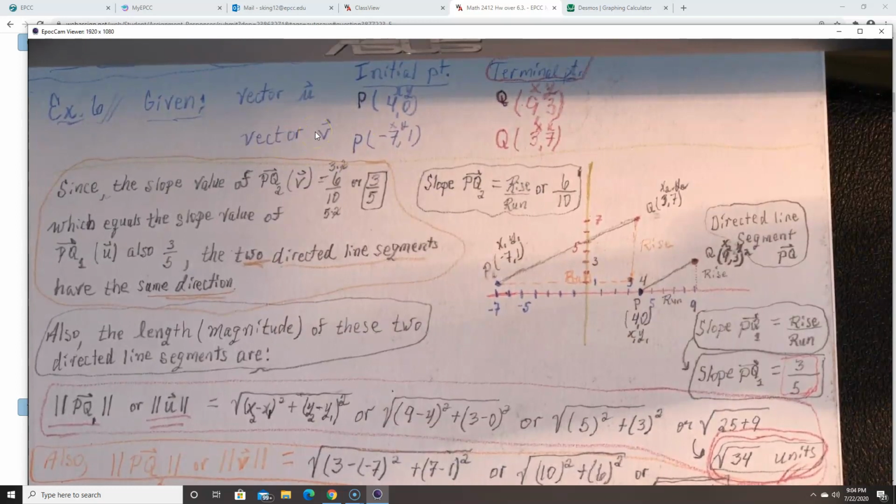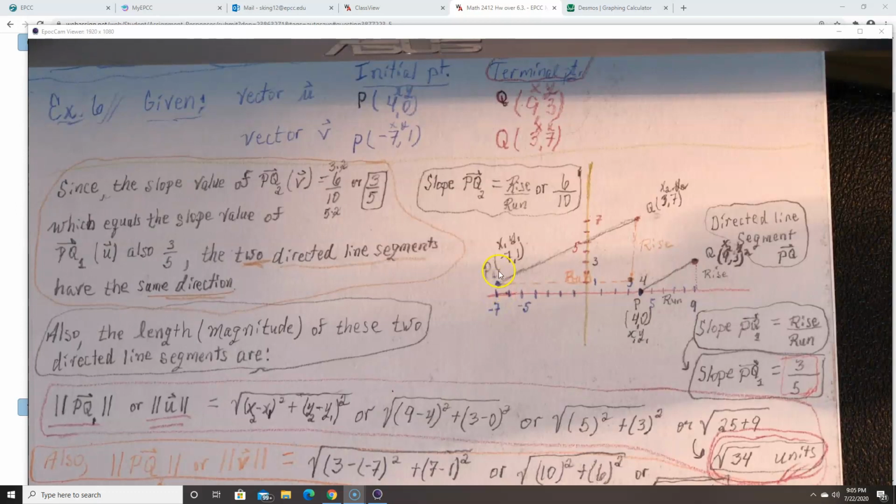Here's vector V, the second one. The initial point, or we'll say point P, is (-7, 1). So here we are in the same coordinate plane. Here was the first directed line segment PQ, or vector U, and now we're looking at the second one. Point P is -7 from the origin in the x direction, leftward, and then upward 1 unit.